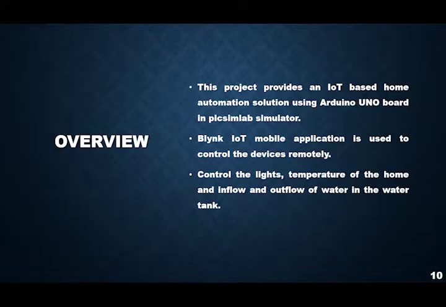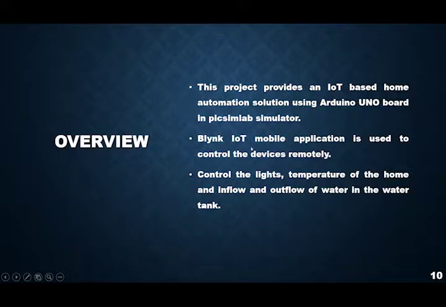Coming to the project, this project provides an IoT-based home automation solution using the Arduino Uno board, and this is done in the PicsimLab simulator. The title of the project is Internet of Things based home automation solution, and we have used the Arduino Uno board, not in hardware but in the simulator.